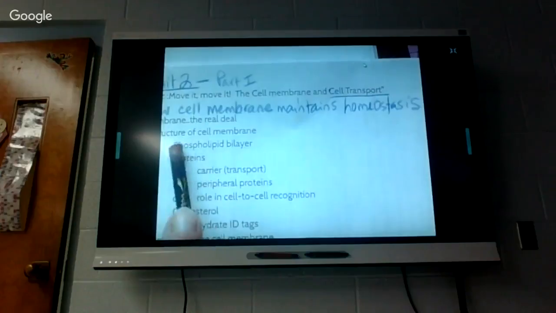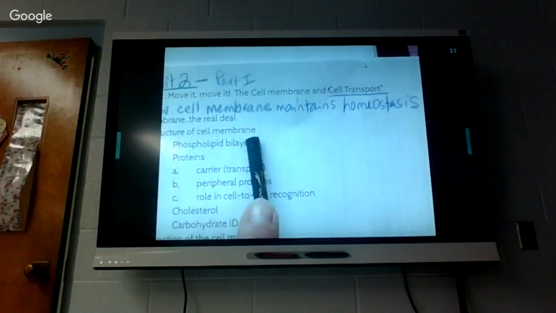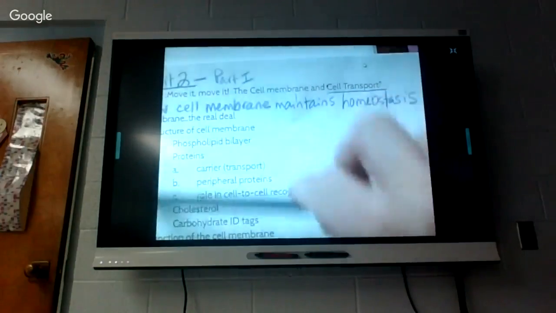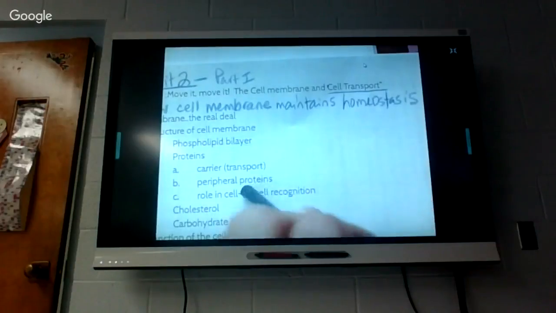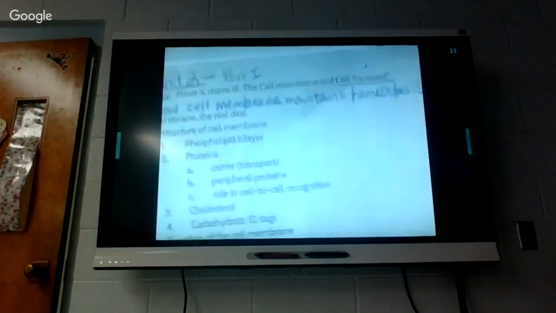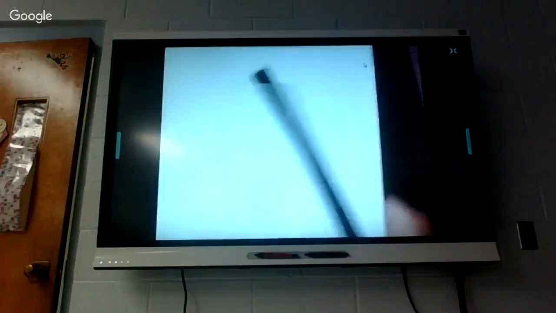So we're going to do the structure of the cell membrane, and talk about its parts, and we'll see how far we can get from there, okay? So I'm going to move this over, and let's find a place in your notes as we're going to draw this diagram and use color. Okay, you good? All right, get your notes out so we can knock this out.